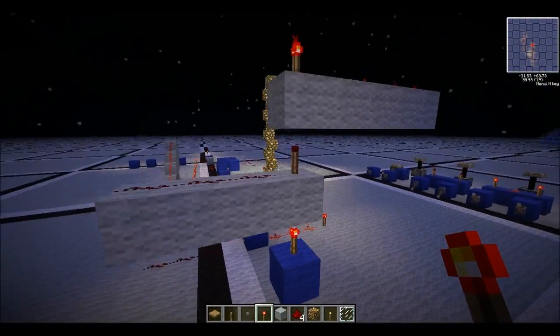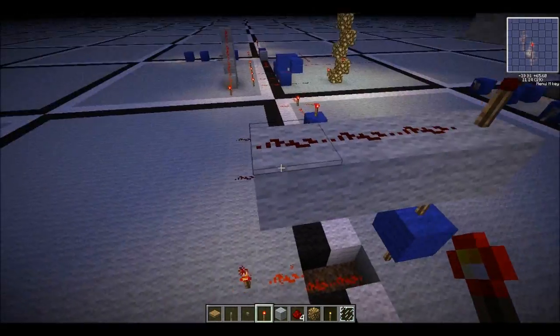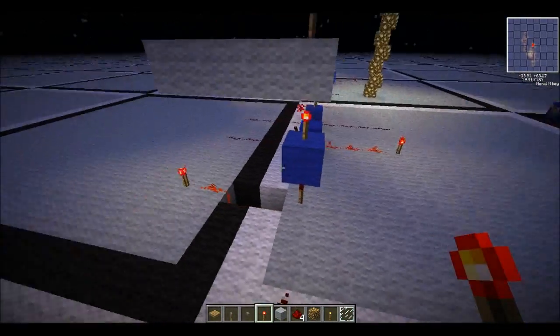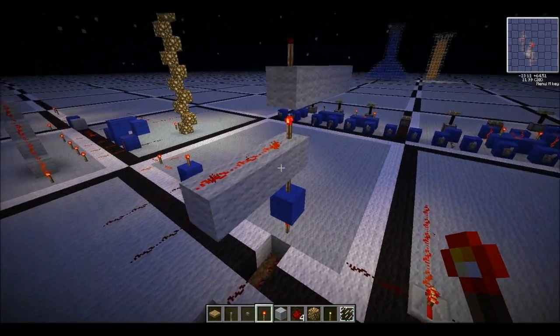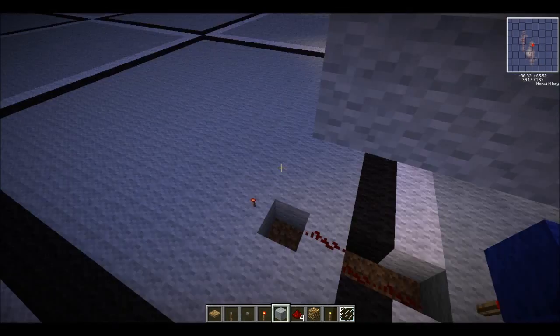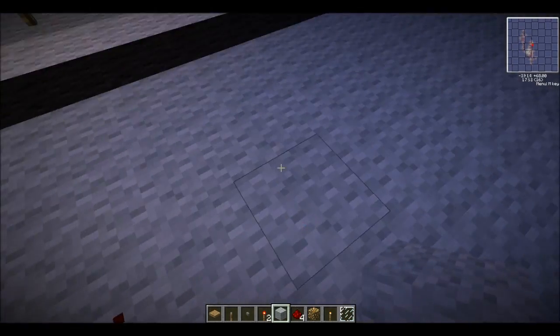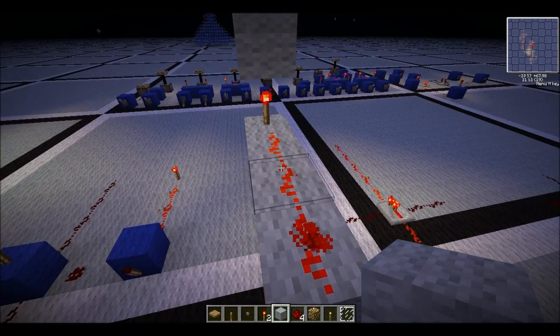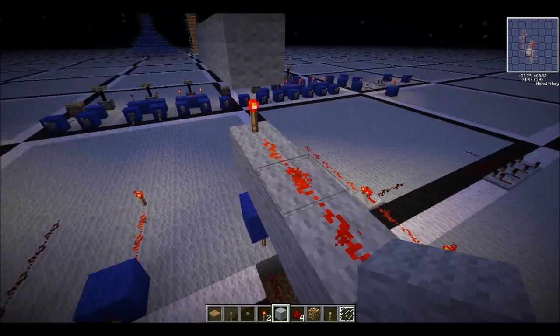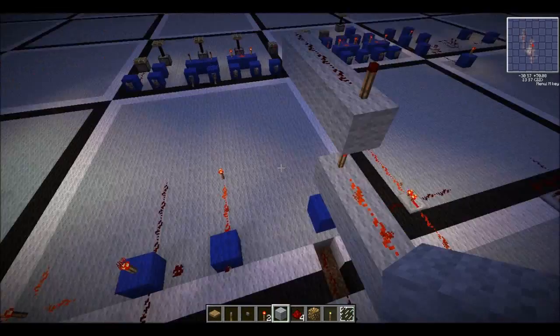The odd numbered torches here will actually be off right now, and I can't do anything with those torches until I remove redstone power from here, and then that torch will flip on. There is an application for this if you need to set up a puzzle or something in which while one door is open, another one is closed. You can actually use this in that way.